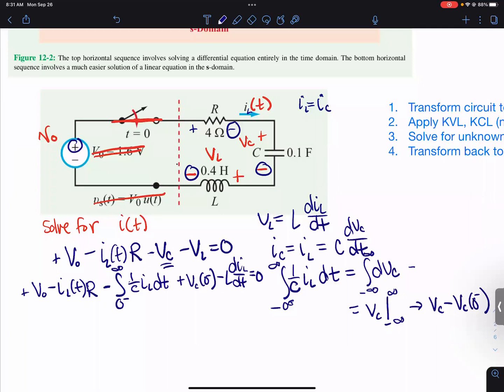So now from here, we can translate this into the S domain. So IL is our function we're trying to find in the S domain.